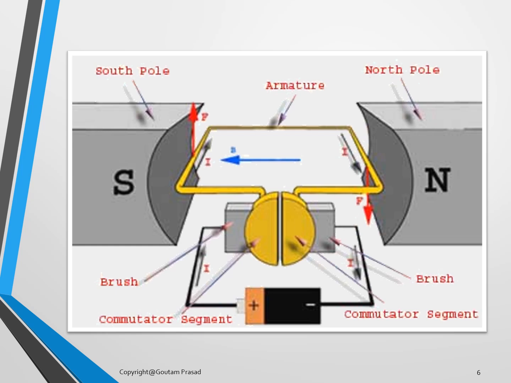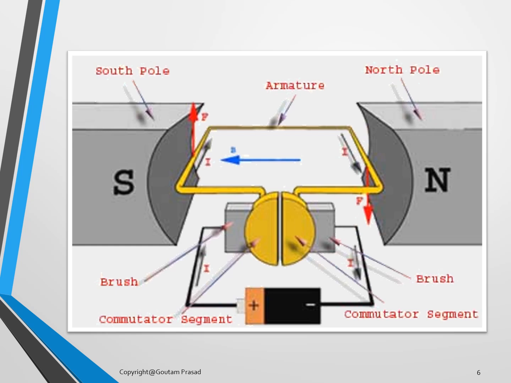Now think of a situation where the number of coils is increased, and not a single coil but multiple coils are kept on the periphery of the rotor. In turn, what will happen?